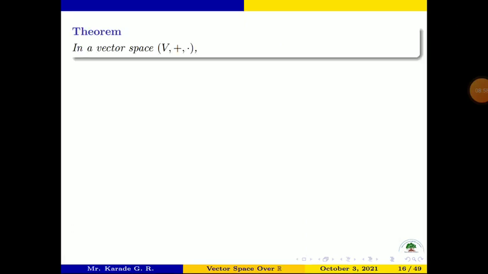Let us go to the next property. In a vector space V with addition and scalar multiplication, if the product P into U is equal to 0, see here, P is a scalar, U is a vector, and this scalar multiplication of P with U is equal to 0, then either P is equal to 0 in R or U is equal to 0 in V. Either the number P is 0 or the vector U is 0.